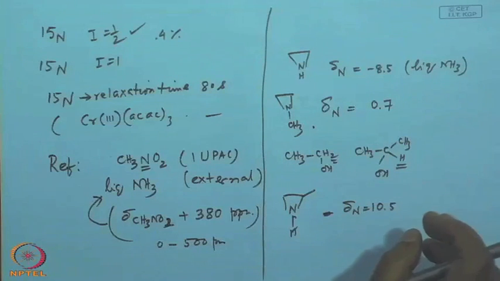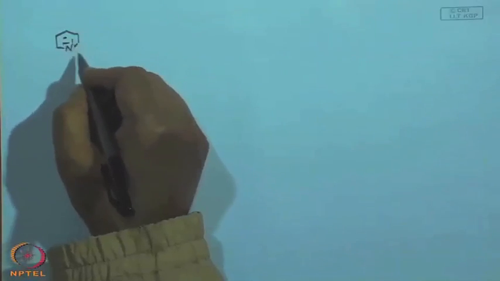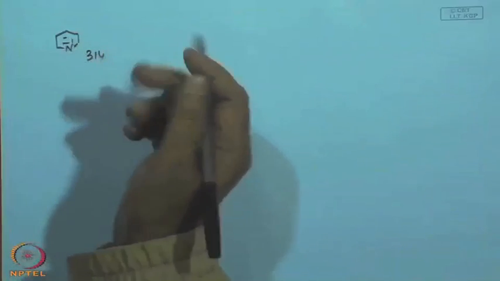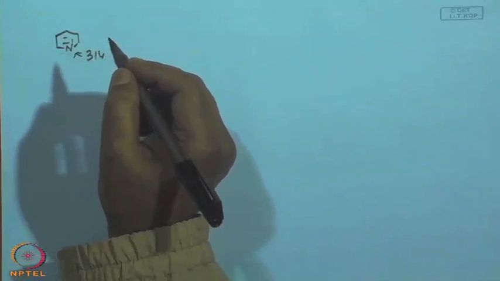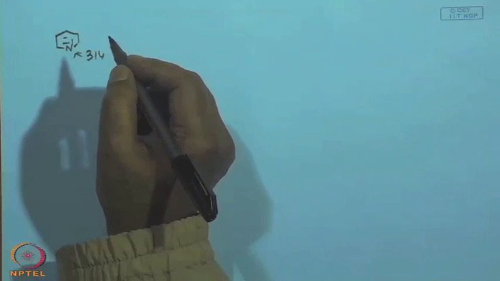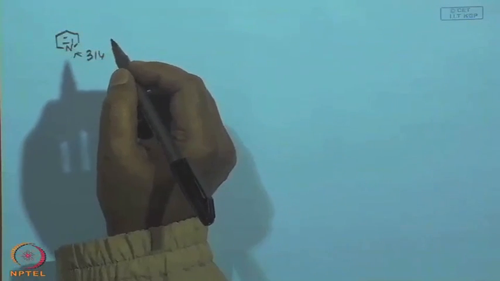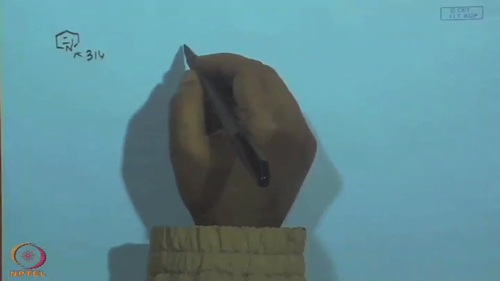All these are standard values. For example, the typical value for pyridine is 314. So, from these you can quickly distinguish aromatic and aliphatic.